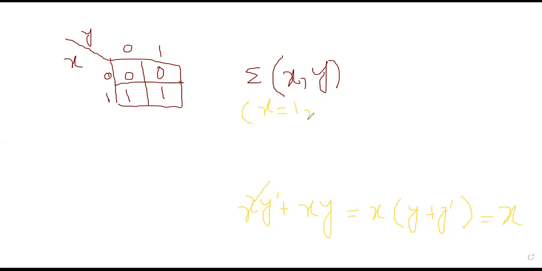When there are more than that, we have to use the corner method. The corner method is basically using my corner cells to identify the value of the summations. Let's say we have a 4 cross 4 matrix or 4 cross 4 circuit.